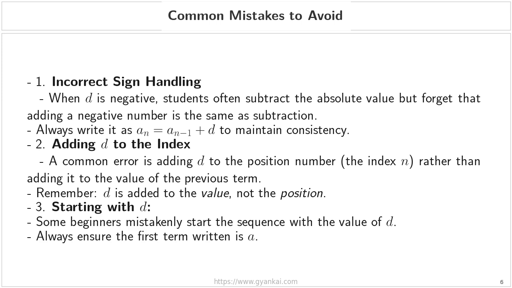Finally, be careful not to start your sequence with the value of D. I have seen many beginners mistakenly write the common difference as their first entry. Always double-check your work to ensure that the very first term you write down is the first term, A. Keep these 3 points in mind, and you will be well prepared for our final takeaway slide.